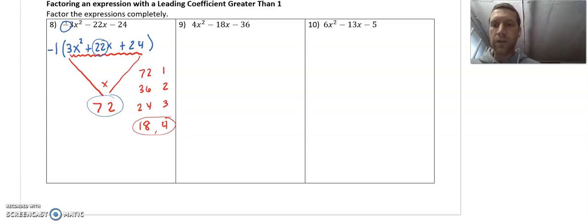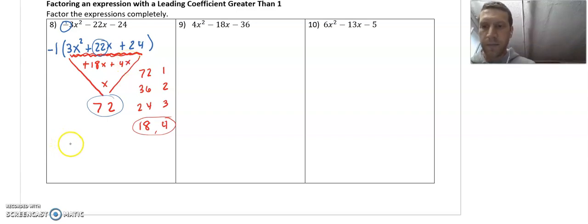So once I find those, I want to come back and I'm going to rewrite the trinomial that I'm trying to factor, but instead of writing that linear term, 22x, I'm going to split it. That's why we call it splitting the middle. I'm going to split it into plus 18x and plus 4x.